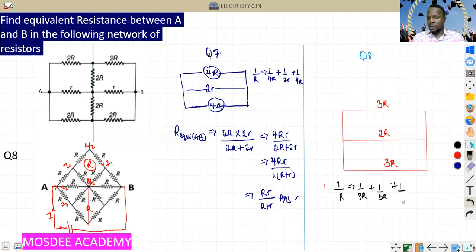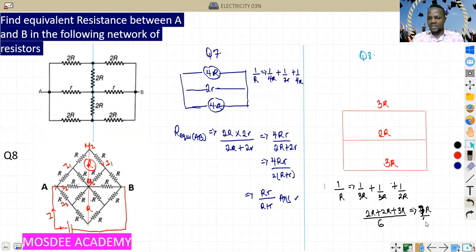We can write any one at any position. So LCM can be 6R. So if it is 6R, this is 2R plus 2R plus 3R. Everything is giving me 5R. Oh, look at me. 7R.